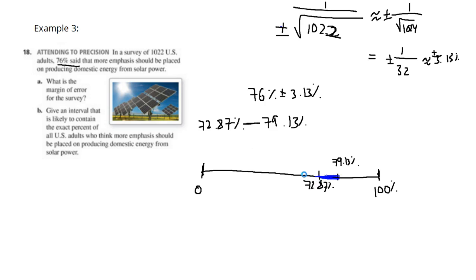It can be exactly 76, but it's probably not going to be. And since it's 1 over the square root of 1022, the margin of error is probably a little bigger than that. But that's what you've got to do.